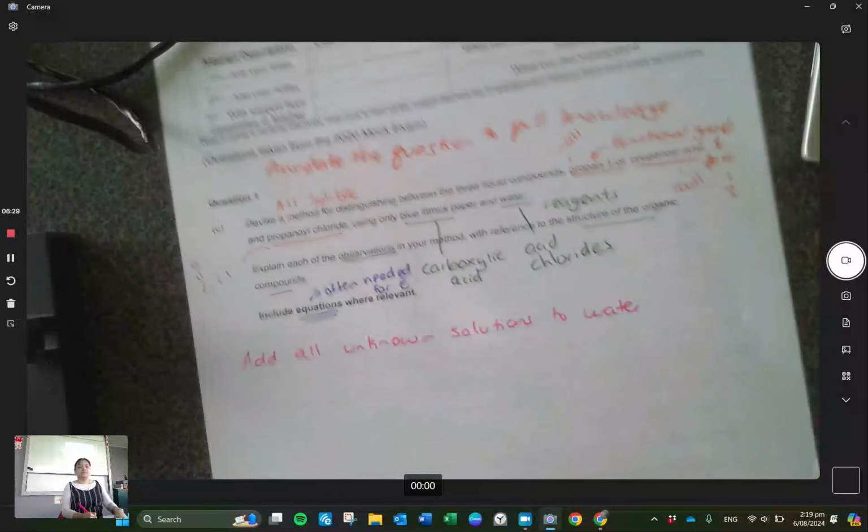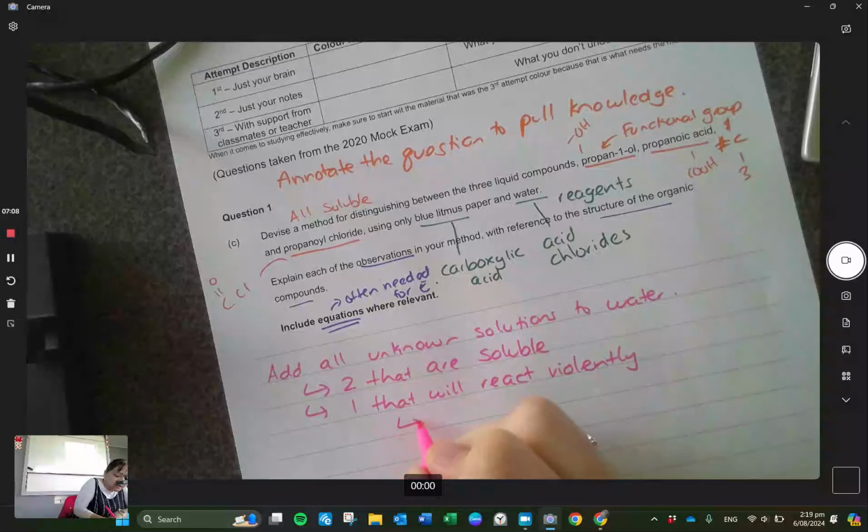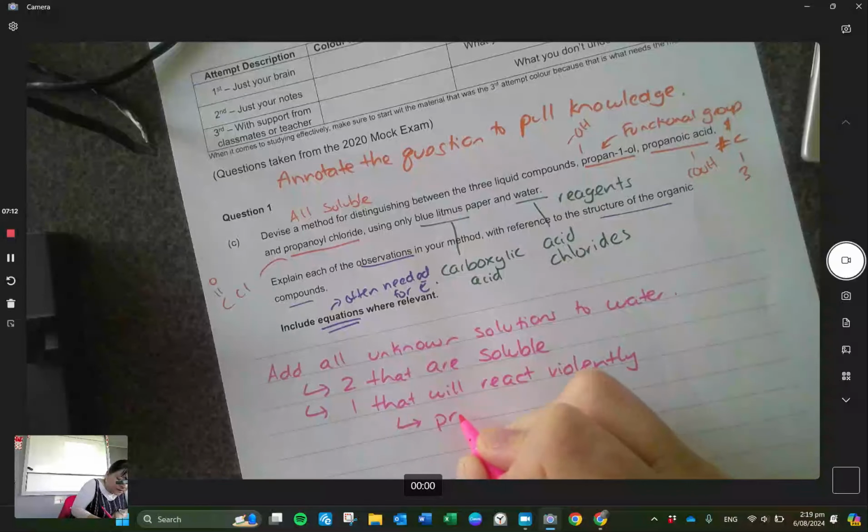The one that reacts violently, that tells me that must be the propanoyl chloride.